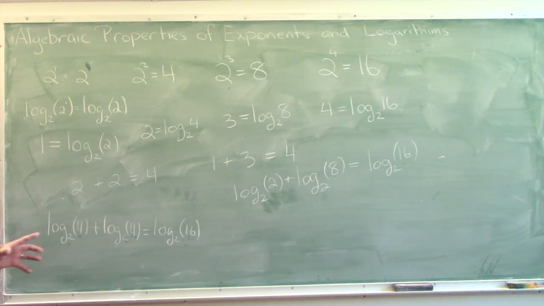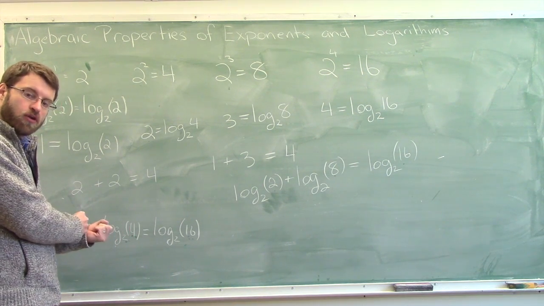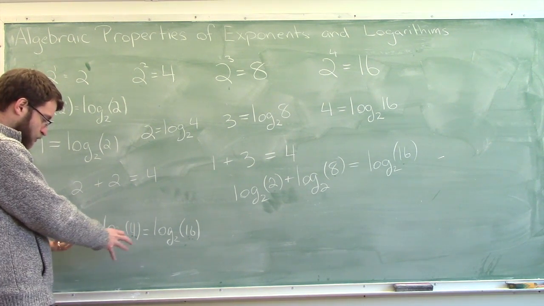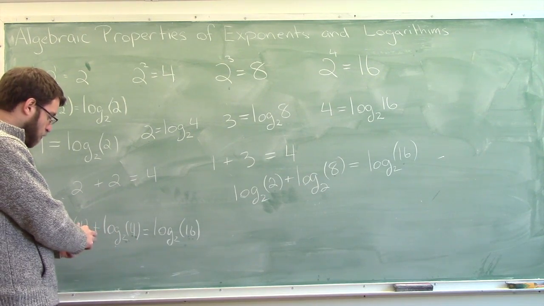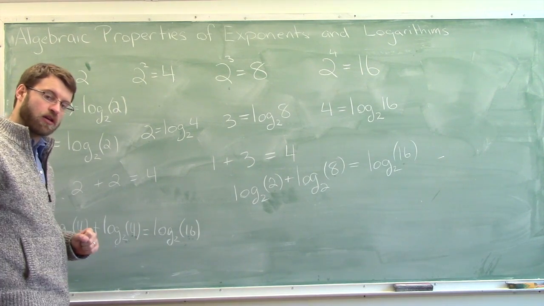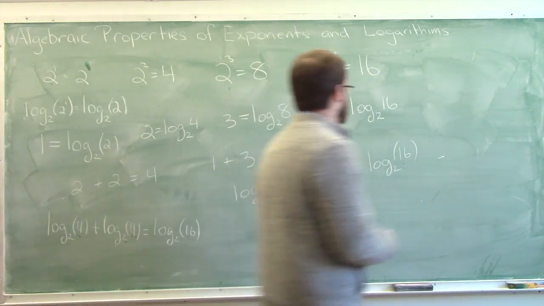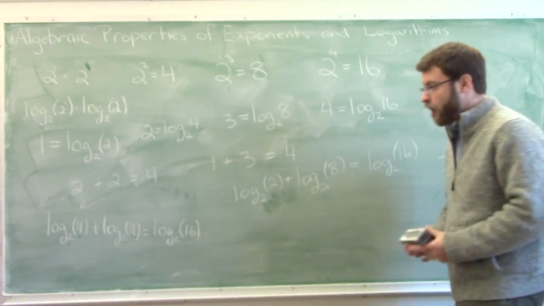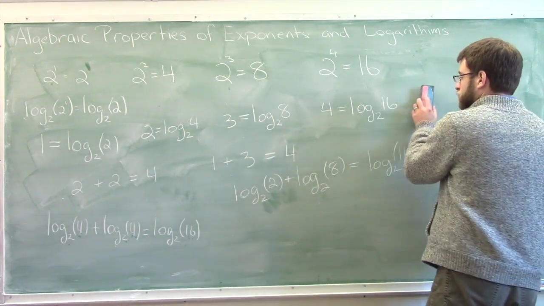If I multiply those two numbers together, I get 16. Okay? So maybe we can combine logarithms if we have the same base. Maybe we can put them together by multiplying their arguments. So the conjecture that we have at this point is a possible property of logarithms.